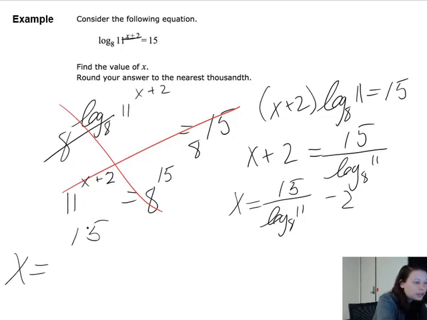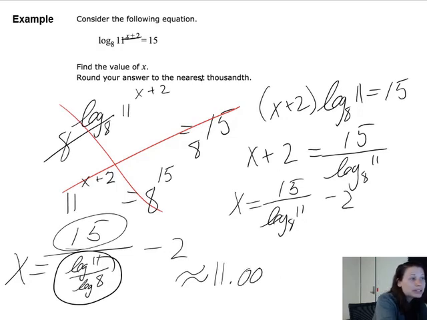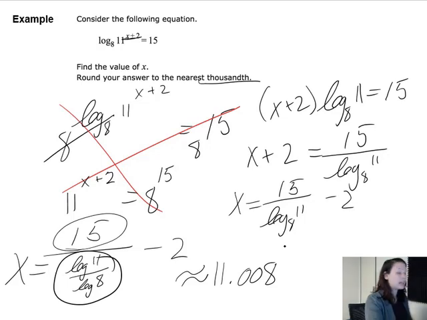So this is 15 over log of 11 over log of 8, all minus 2. Now, make sure do this all in the denominator of the 15, okay? You should get approximately 11.0079, but they want nearest thousandths, so we will round that to 11.008. Okay, so that's that problem.